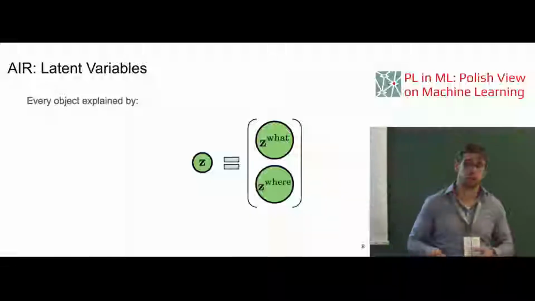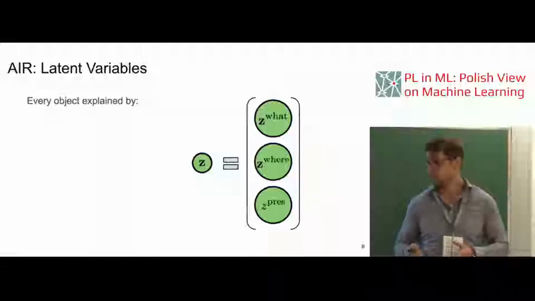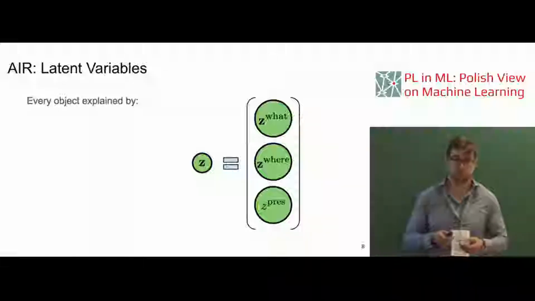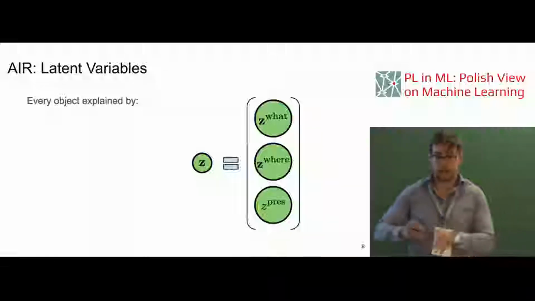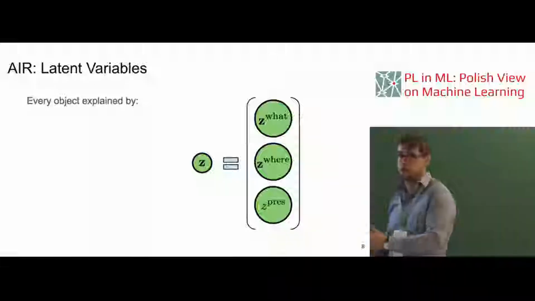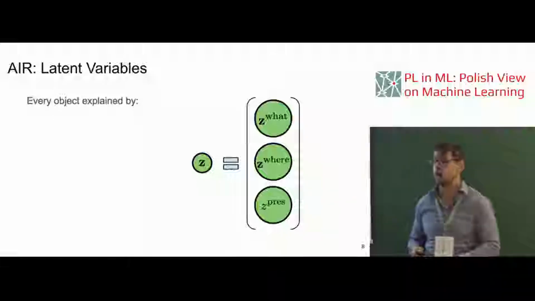We have where, which tells us about the object position and its size. And we also have a binary presence variable, which tells us whether the object exists. If we already have a variable for this object, we don't really need the presence, but the presence variable is just useful to perform inference. And I will explain why.